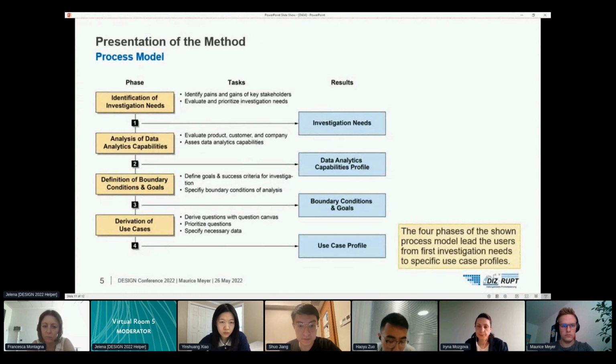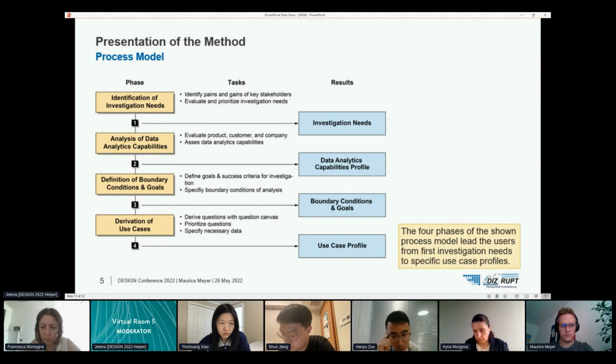In the second phase, we analyze the data analytics capabilities. Here, we evaluate 3 dimensions: the product, the customer, and the company. In the third phase, we define boundary conditions and goals. This phase is based on the first and second phase. So we define the goals and success criteria for the investigation based on the investigation needs.